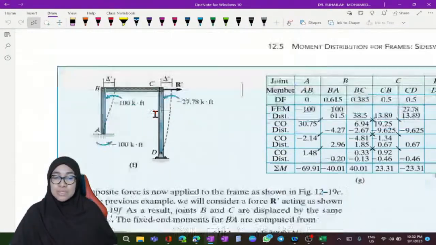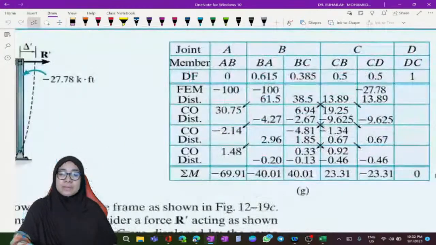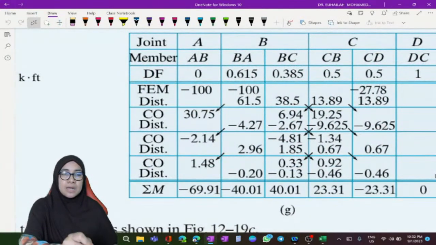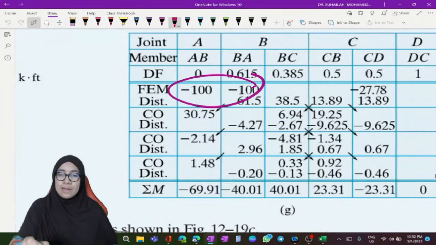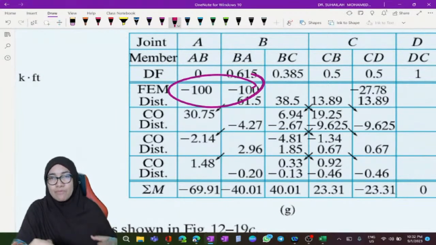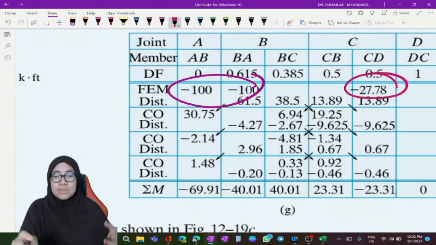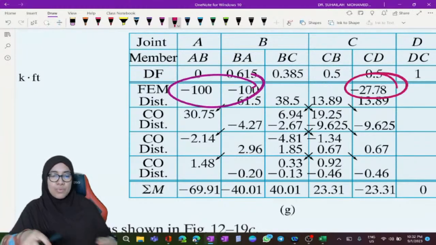Because the assumption is 100, but the ratio that we get for another column is not 100 anymore, because the ratio is not 1 to 1. So this will be the next discussion that we are going to have.